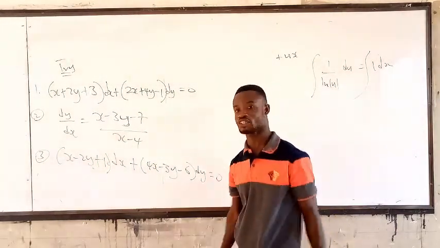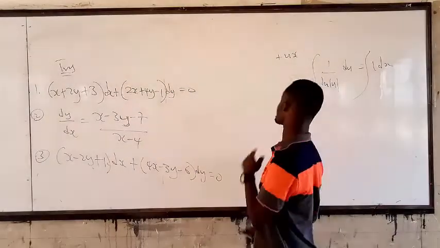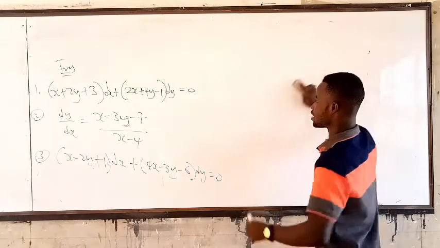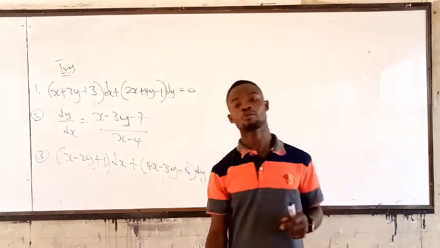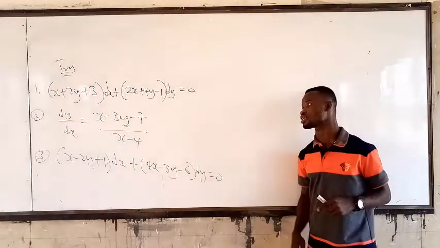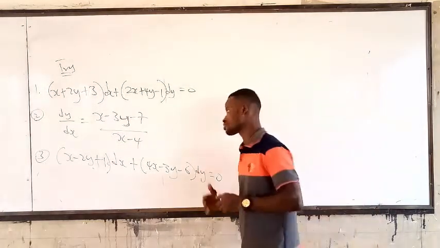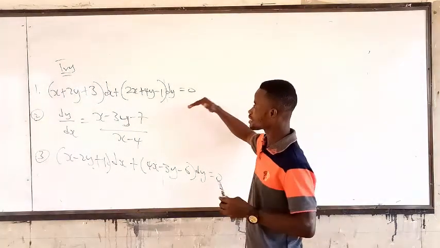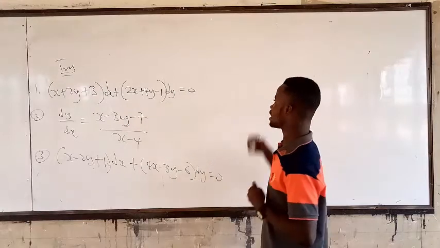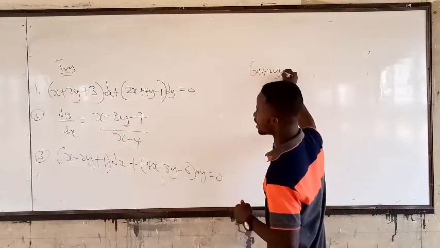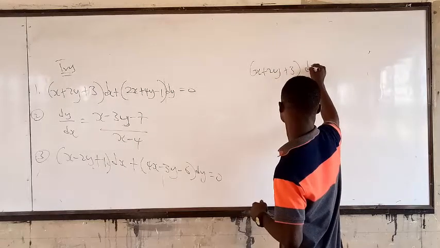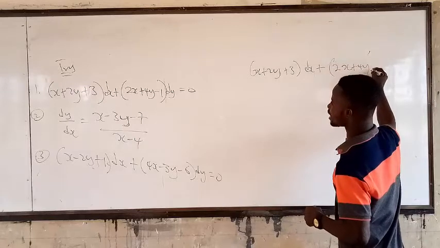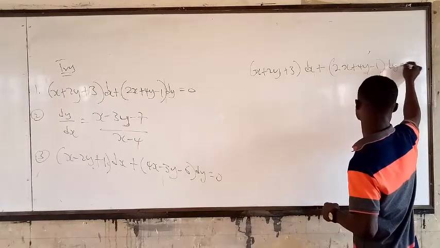In fact, it's not difficult, all right? I have first told you that it's not always that you get it in the form dy/dx. And the homogeneous equation, before you can solve it, you have to get it in the form dy/dx. So let me help you with the first one. I'm not going to solve it for you. But with this, we have (x plus 2y plus 3) dx plus (2x plus 4y minus 1) dy equal to 0.